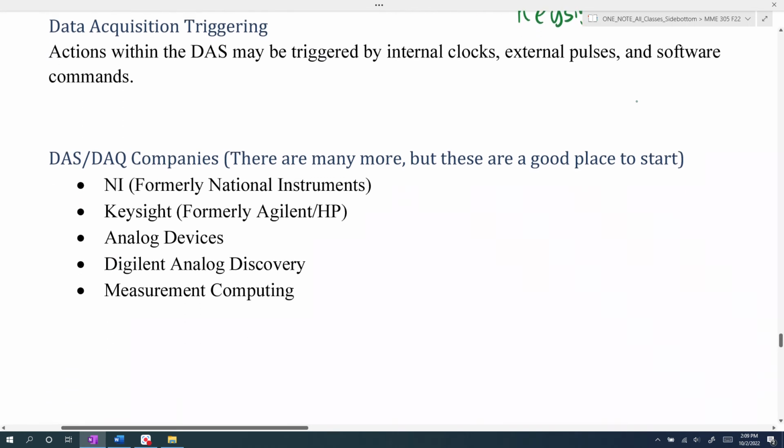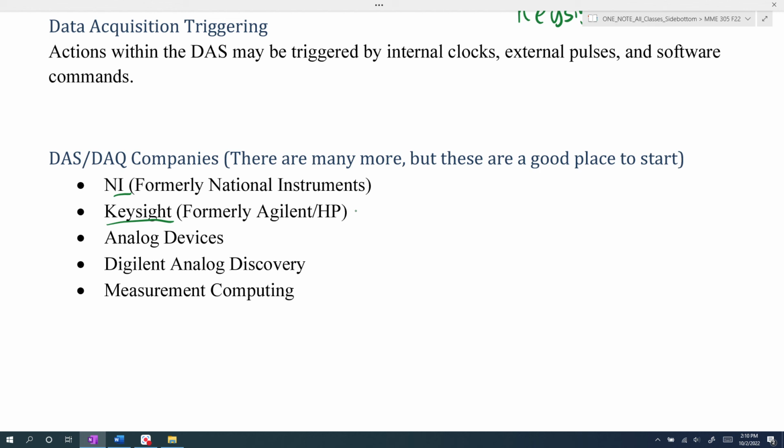And so here are some names of some common companies. For data acquisition systems, we have National Instruments, Keysight, Analog Devices, Digilent Analog Discovery, and Measurement Computing. All of these are good companies to use. Typically, it depends on what industry you're working in.